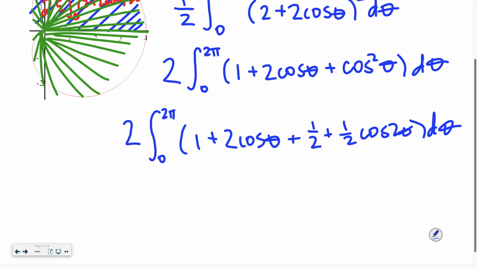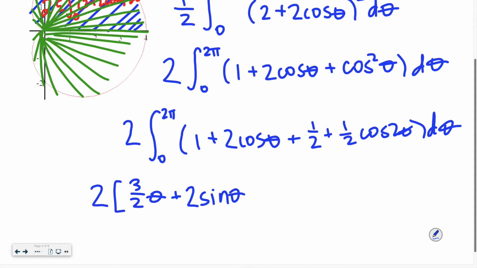So now we can take the antiderivative. Bear with me here. 1 plus 1/2 is 3/2. Do you agree? So the antiderivative is 3/2 times theta. 2 cosine theta has antiderivative 2 sine theta.